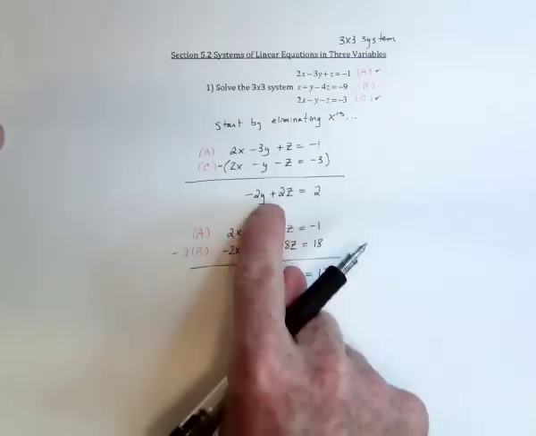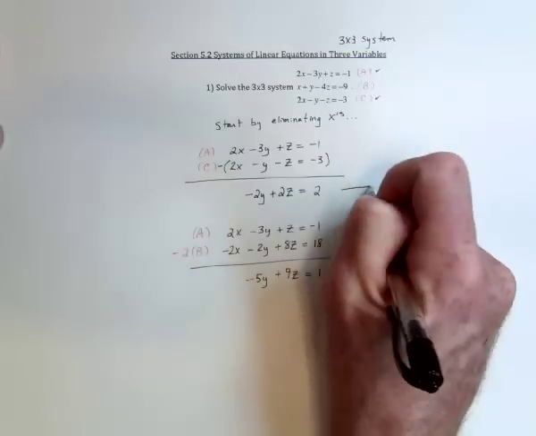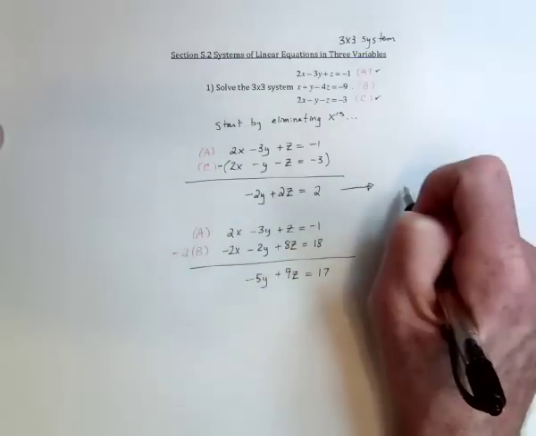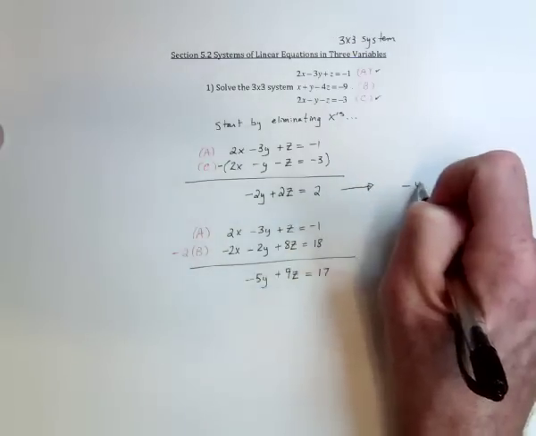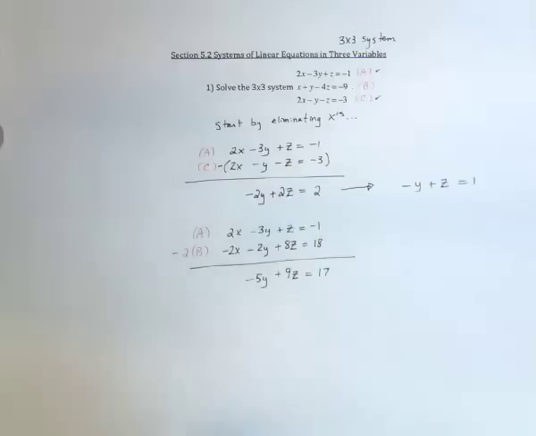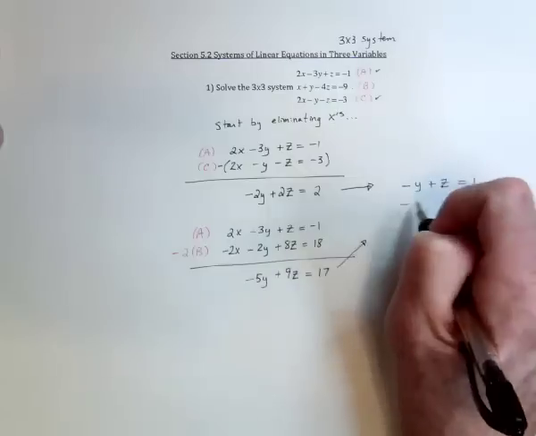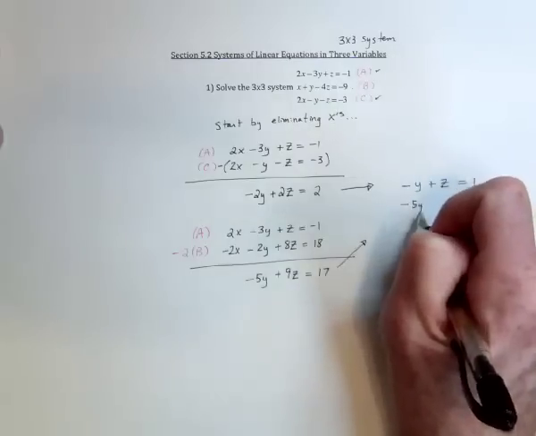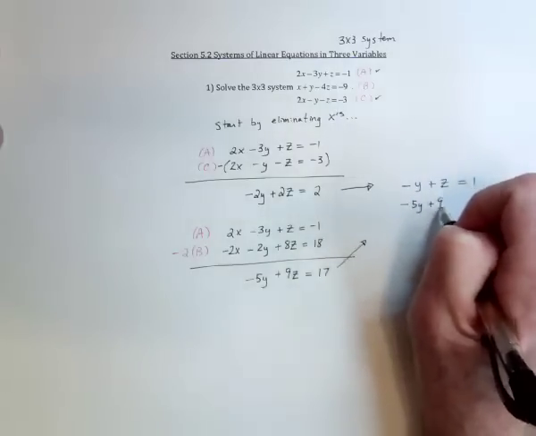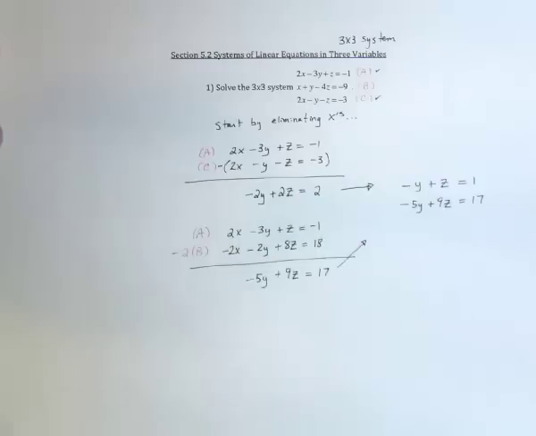Well, I noticed that with this equation, it's got a 2, a 2, and a 2, so I could simplify that one, divide everything by a 2, and we've got negative y plus z equals a 1. And then take this equation over there, negative 5y plus 9z equals a 17.